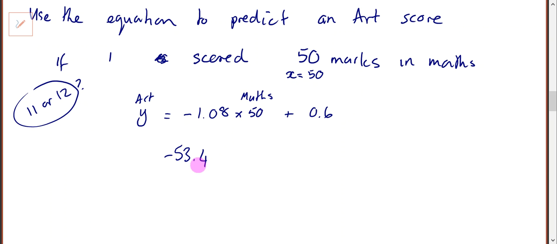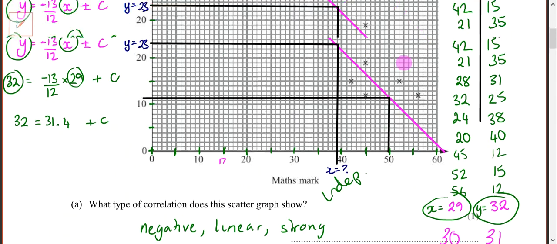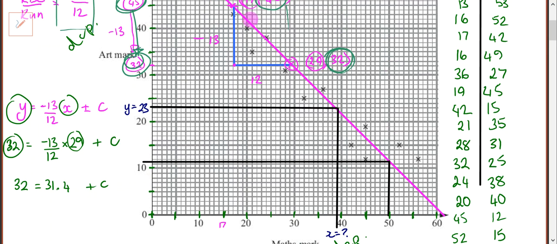Any ideas? What must be wrong? Did the line give us something that looks reasonable? Does the line look all right?